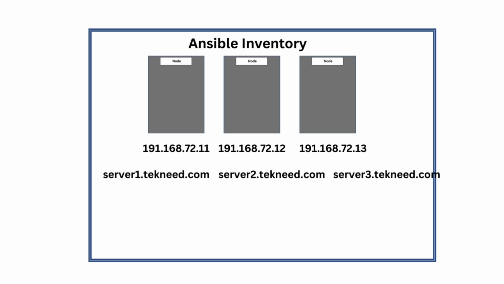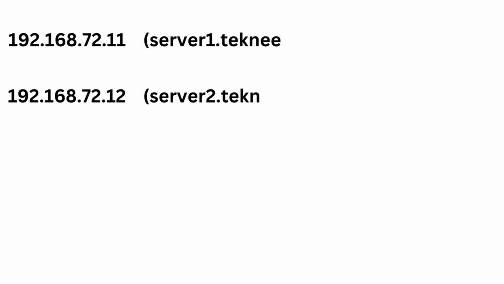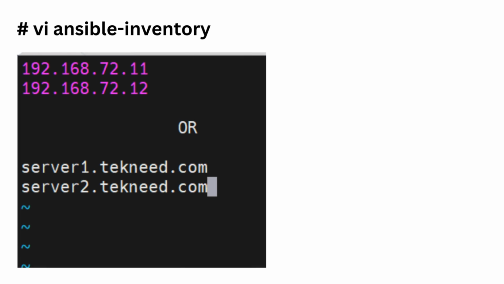For example, if you have two managed hosts with the IP addresses and FQDNs 192.168.72.11 with server1.technique.com and 192.168.72.12 with server2.technique.com, you can create an inventory file with the name, for example, Ansible inventory, and then you can specify the managed hosts either by their IPs or by their FQDNs.